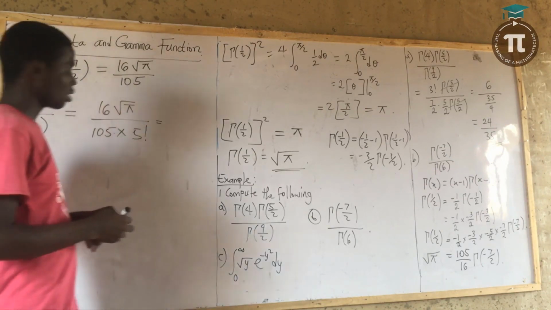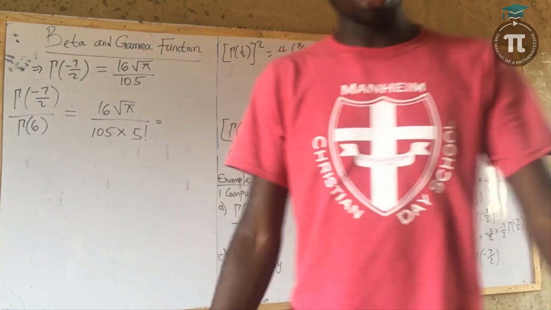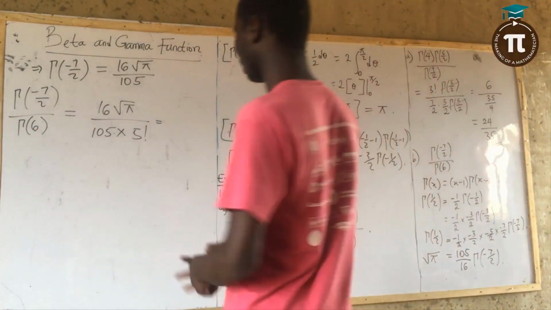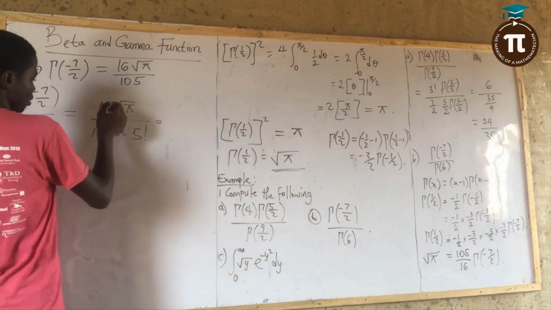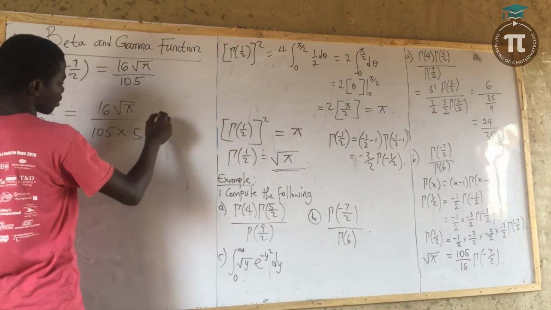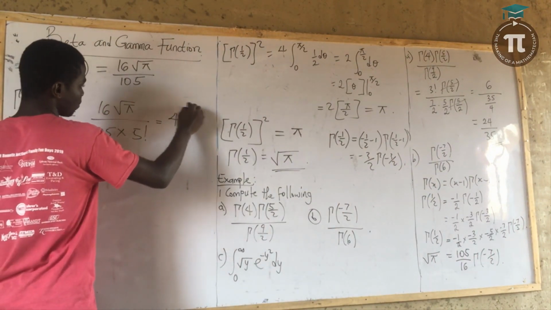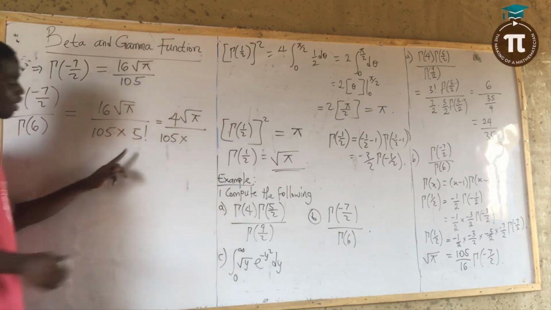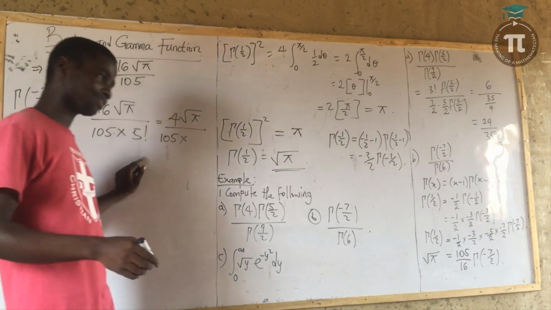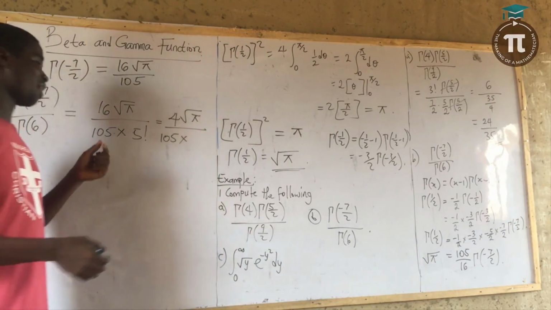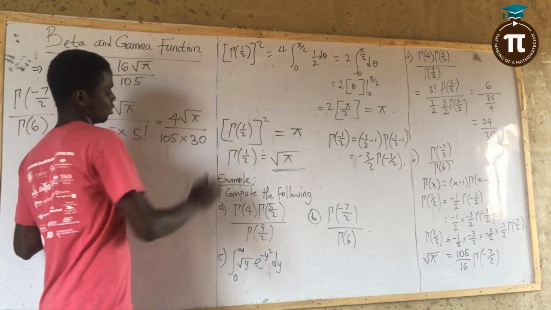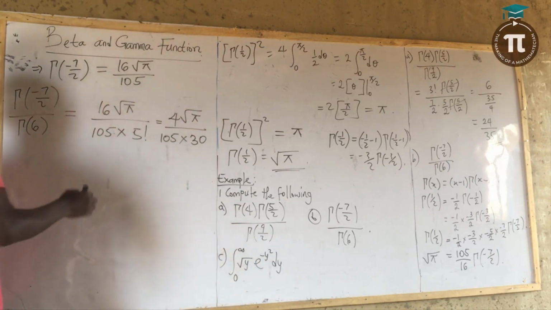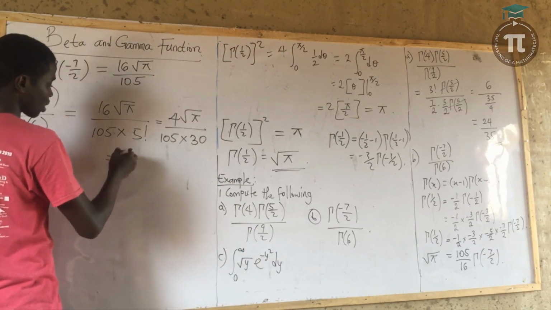Gamma of 6 is 5 factorial. 5 factorial is 120. 4 can go. This is 4 root pi over 105. 120 divided by 4 is 30.